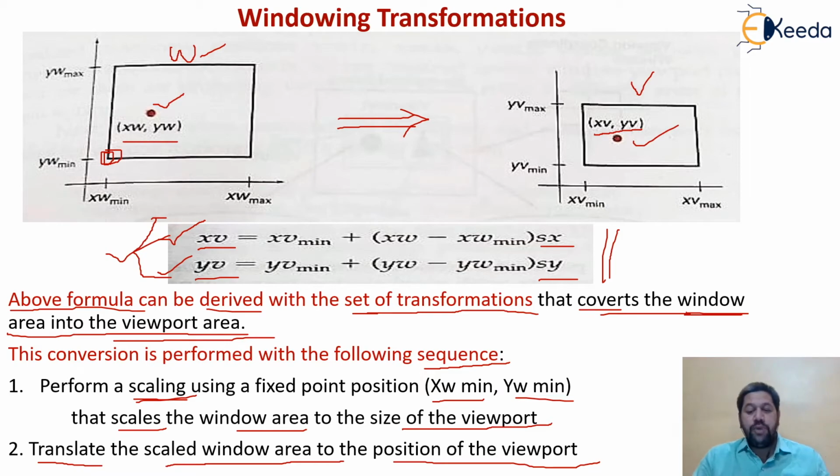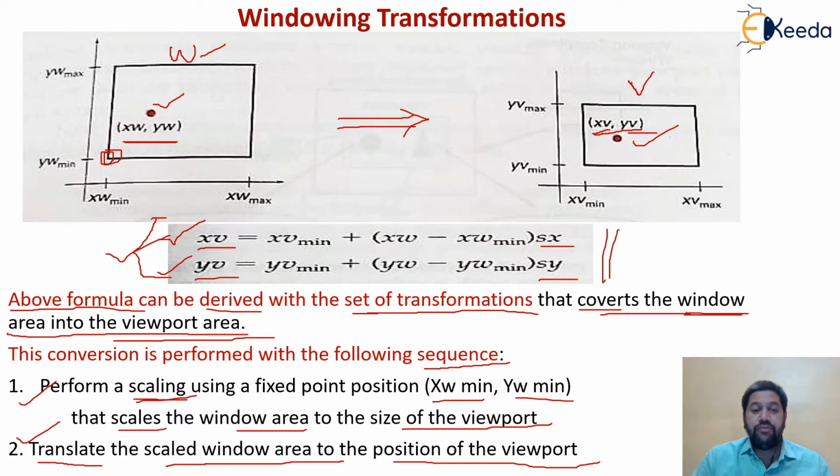The combination of step number one, the fixed point scaling, and then the translation achieves the mapping of a point xw yw, defined in the window, to the point xv comma yv, defined in the viewport.